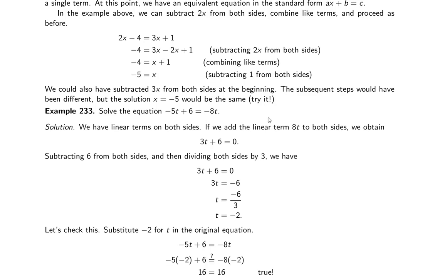Okay, so we're adding 8t to both sides. You could have added 5t to both sides. Maybe that would be easier. Okay, but negative 5t plus 8t is 3t. And so we're left with 3t plus 6 equals 0.